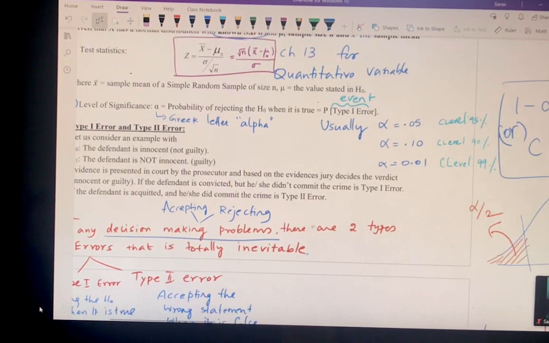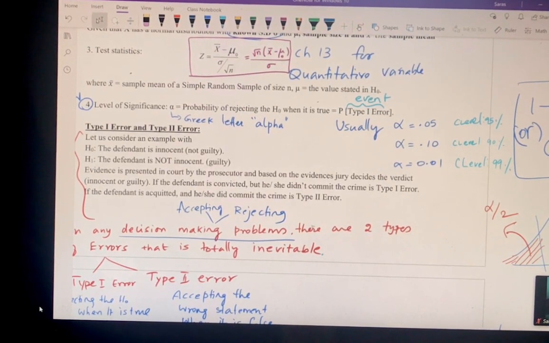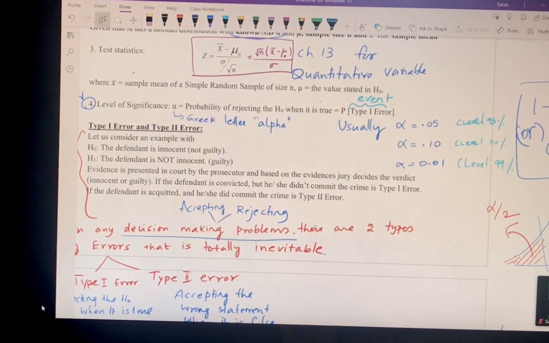All right. So this is the new number that we are going to be introducing, denoted as alpha, another Greek letter that we are going to be using here. And what is alpha? Alpha is the probability of rejecting the null hypothesis when it is true. Everything is new, but as we progress, you will understand everything. Okay.